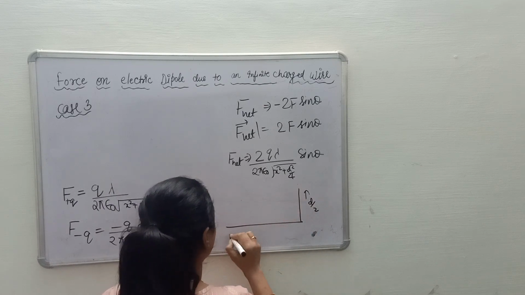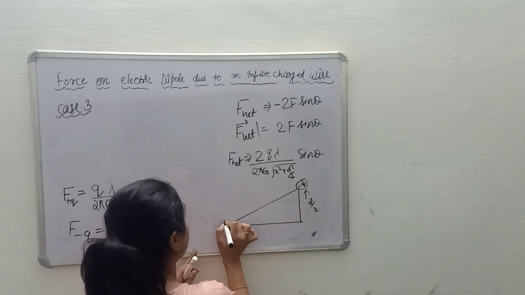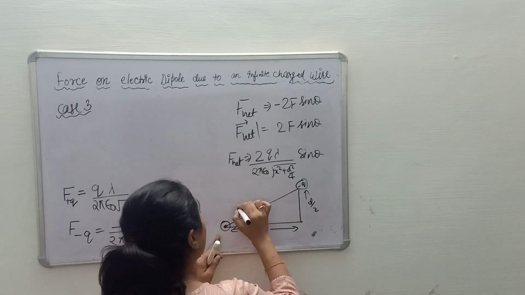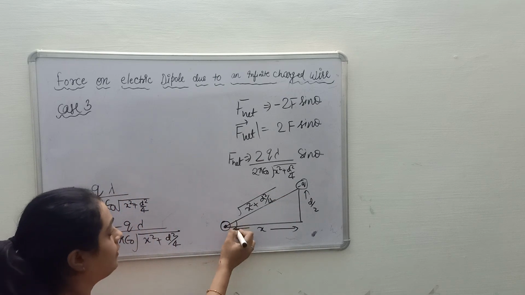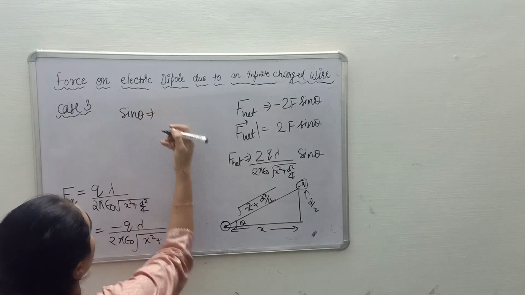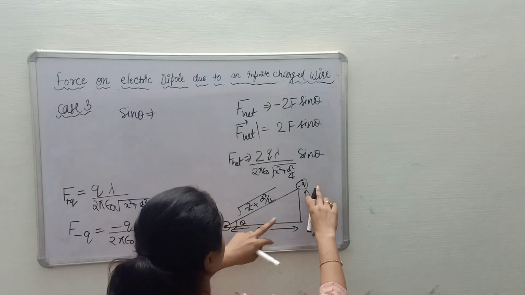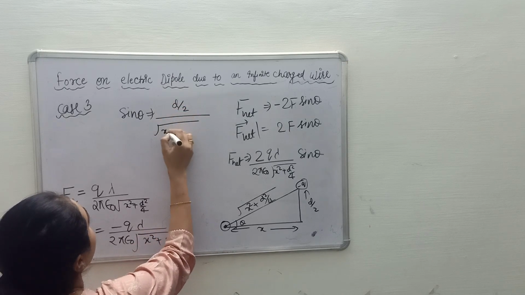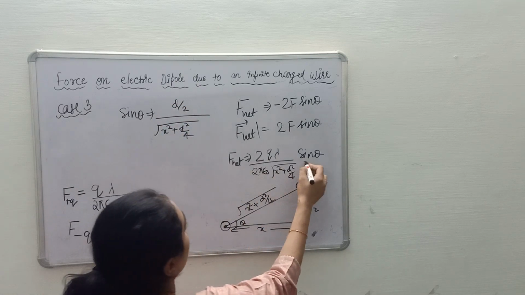This is d by 2, and here the charge minus q, and here the infinite line charged wire, and this distance is taken x, and this was the hypotenuse, root of x square plus d square by 4, in the last diagram, and here the theta. So obviously sin theta is perpendicular by hypotenuse, so it's d by 2 by root over x square plus d square by 4. So this is sin theta.